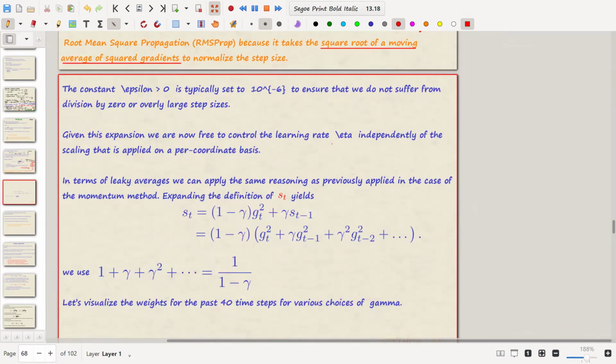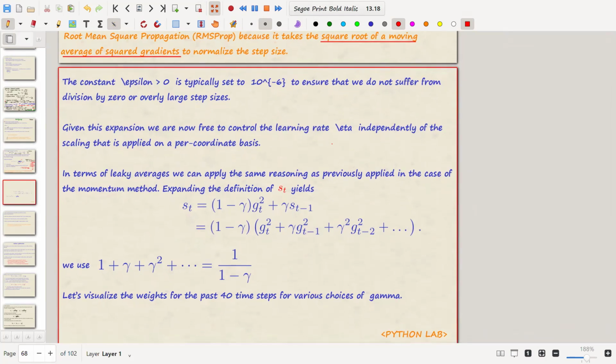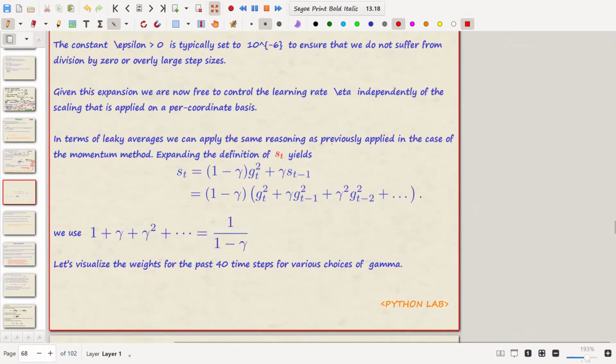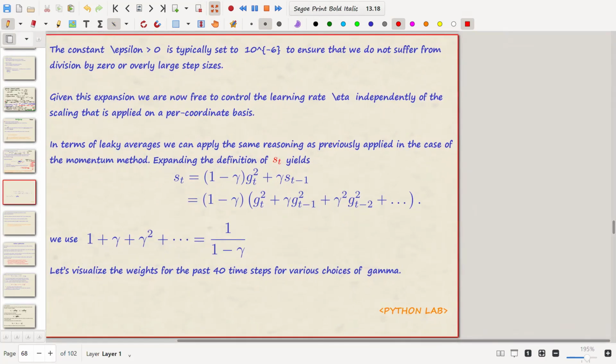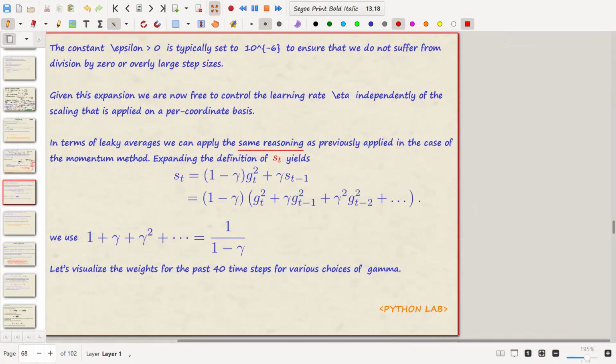So you can see this is nothing new to you. You can apply the same reasoning as before, as applied for the momentum case, and iteratively apply it. Write t in terms of t minus 1, write t minus 1 in terms of t minus 2, t minus 2 in terms of t minus 3, and you are developing this infinite series, same as in the case of momentum.